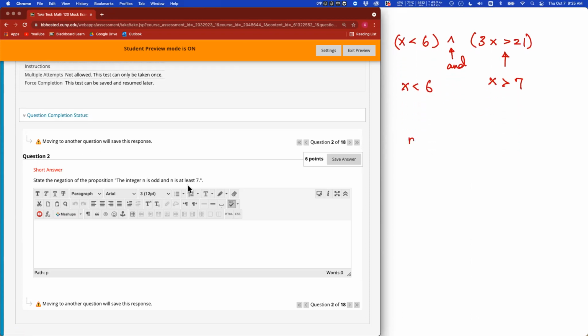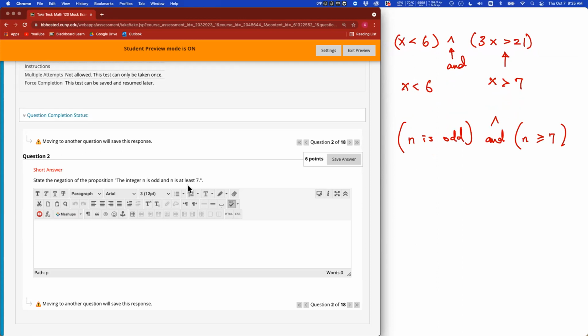You have n is odd, and you have n, at least, means it's greater than or equal to 7. So you have an and relation here.